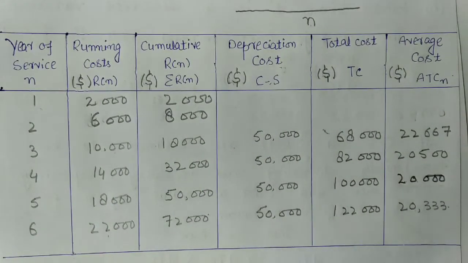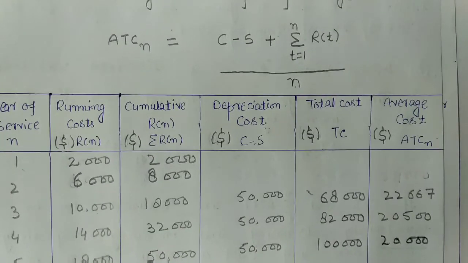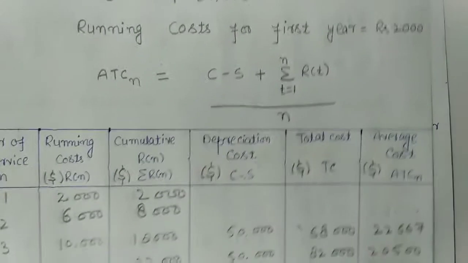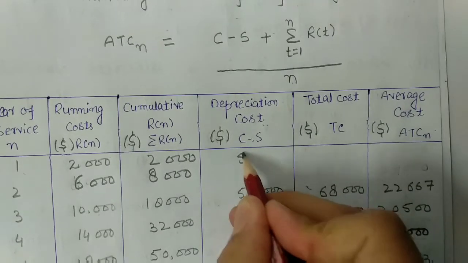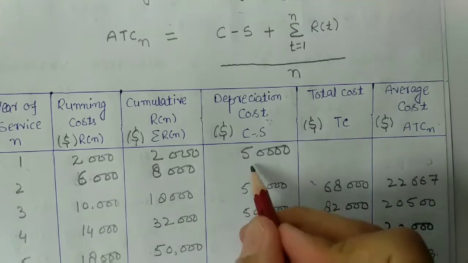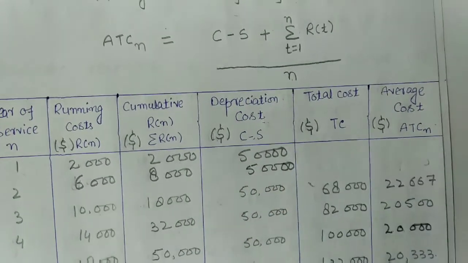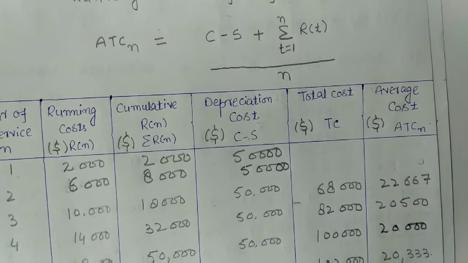After that the depreciation cost: the resale value is 0 and the cost is given as 50,000, so it becomes 50,000 minus 0, that is 50,000. Here also 50,000.